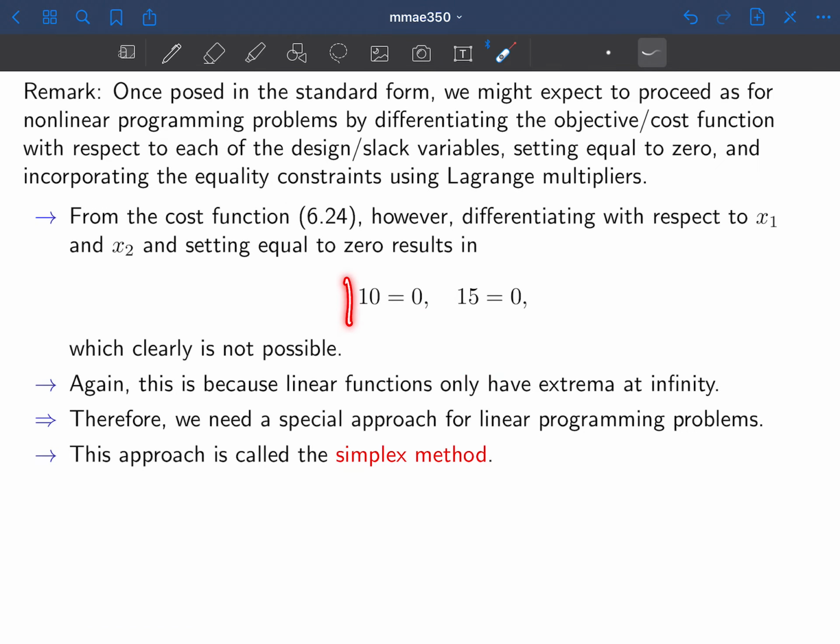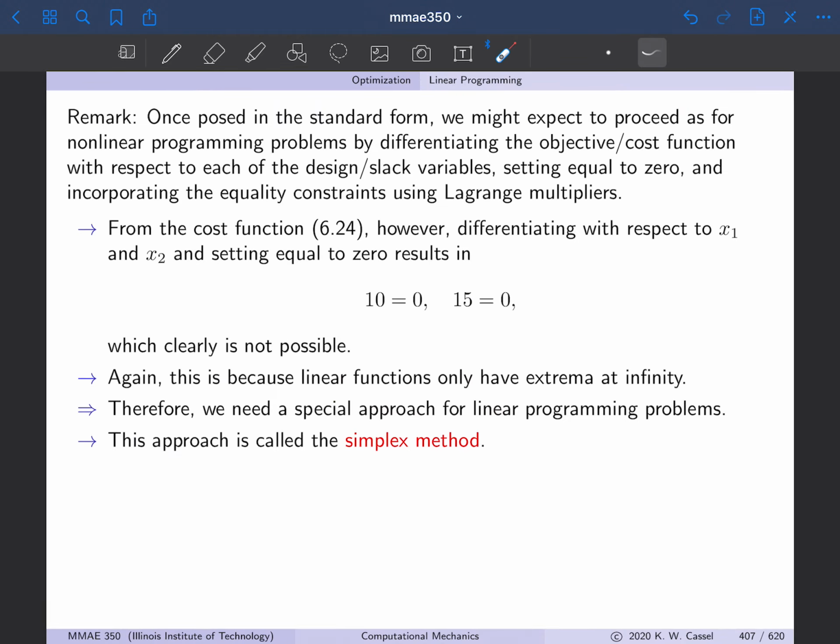Okay, obviously that can't be true. 10 is never equal to 0 in any universe that I've ever visited. Likewise, if you take J and differentiate with respect to x2 and set that equal to 0, that says that 15 is equal to 0, which of course is not true either.